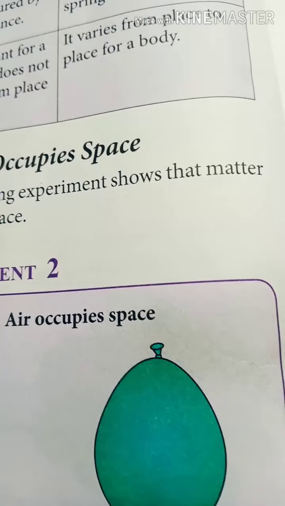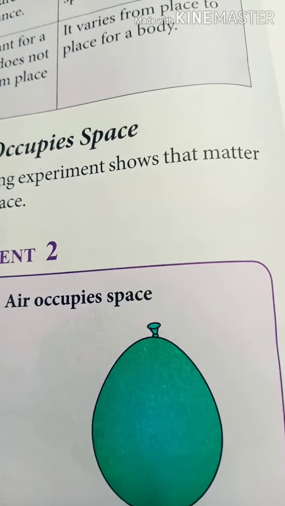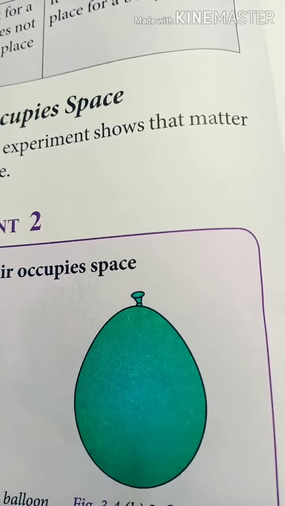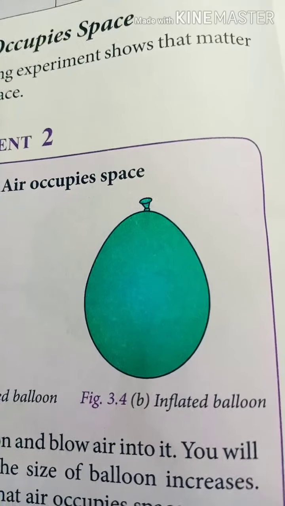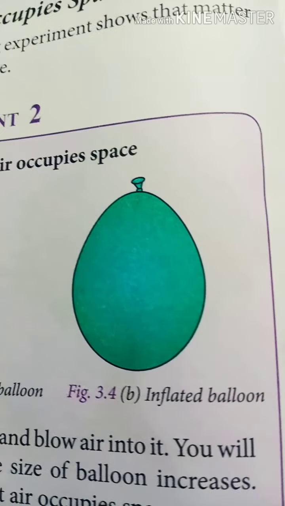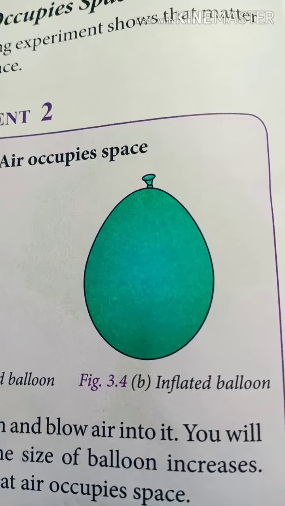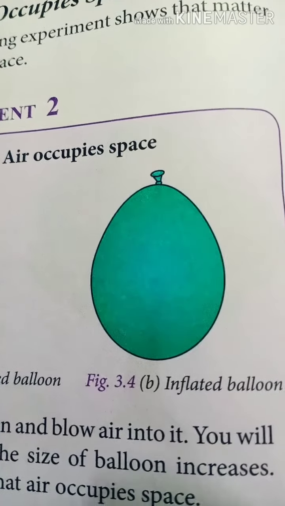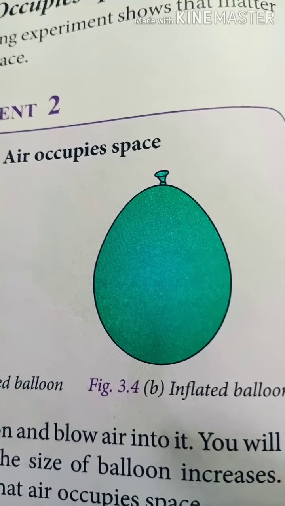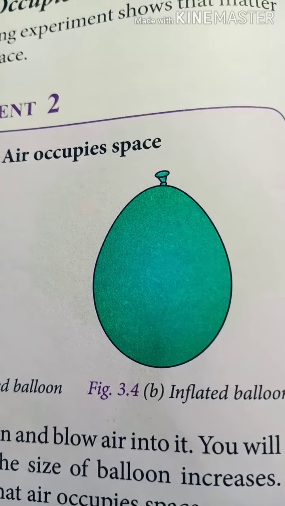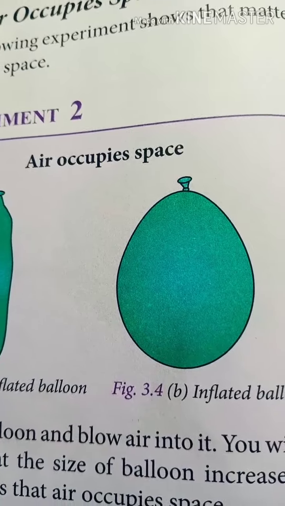When we blow air inside the balloons, they take different shapes. That means according to the shape of the container, the wall of the balloon, the air is enclosed inside it to give a different shape.